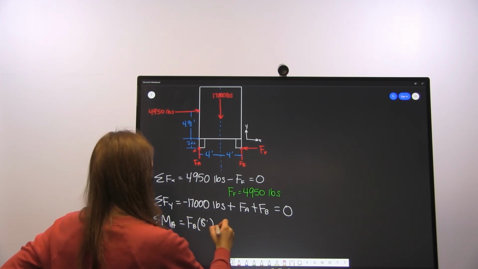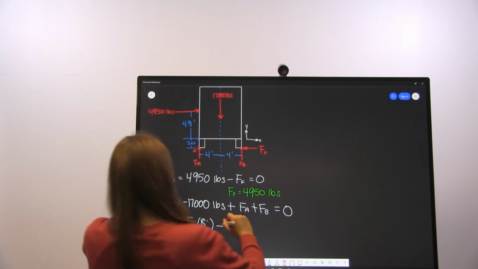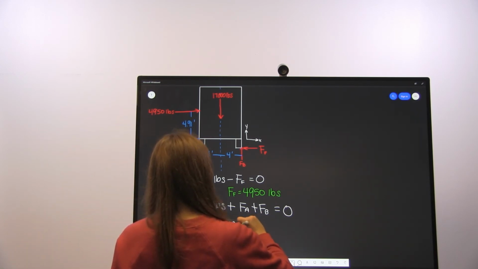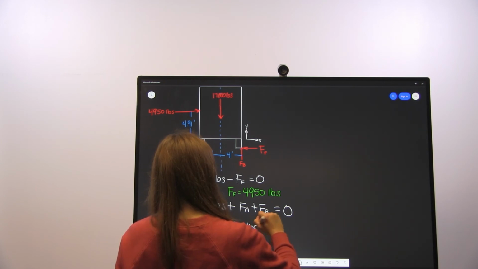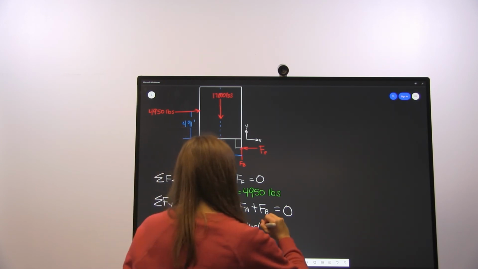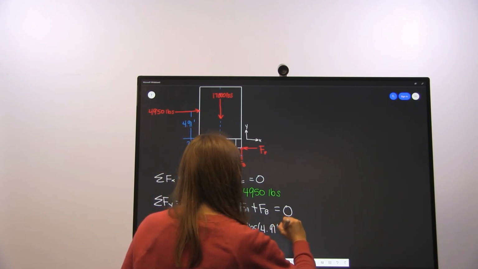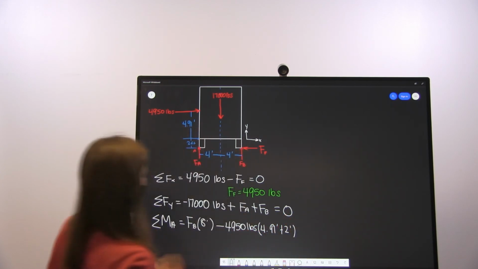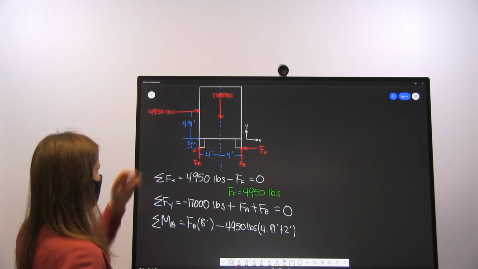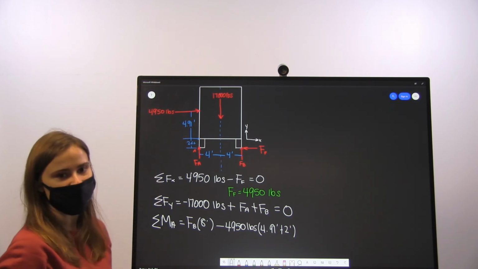And then minus 4,950 pounds times 4.91 feet plus 2 feet, because that's going to give us our distance to A. And that's going to give us a clockwise rotation, so it's going to be negative.